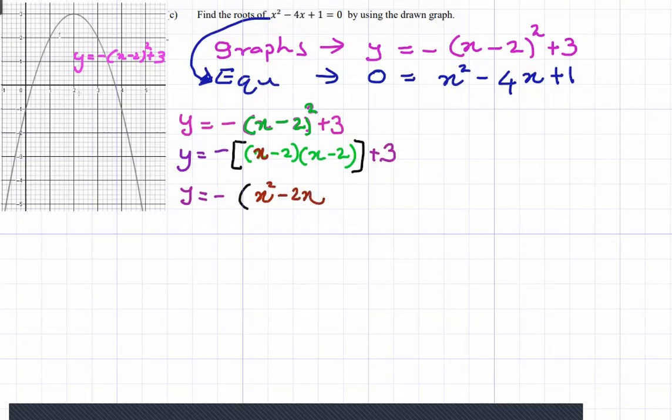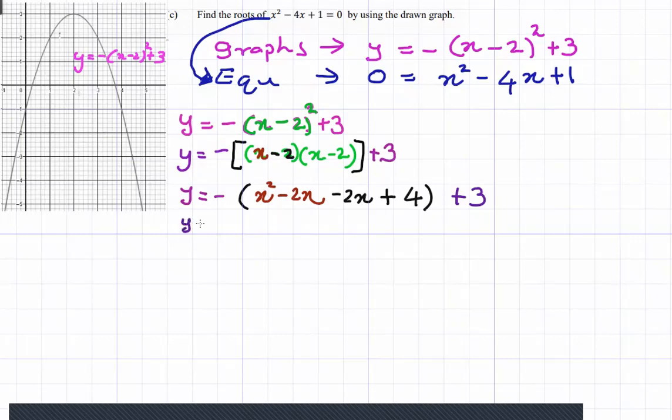Now you multiply x minus 2 by this minus 2. Minus 2 times x, that's minus 2x. Minus 2 times minus 2. What is minus into minus? That's plus. And 2 times 2 is 4. Plus 3.